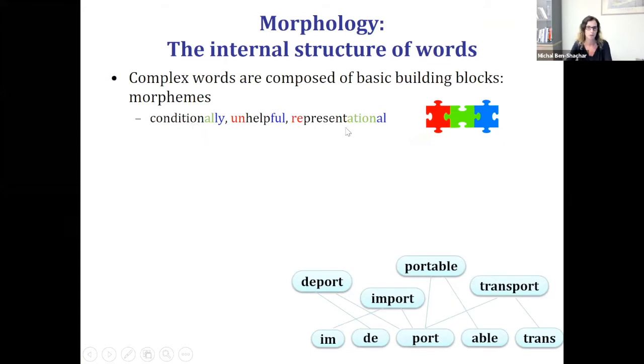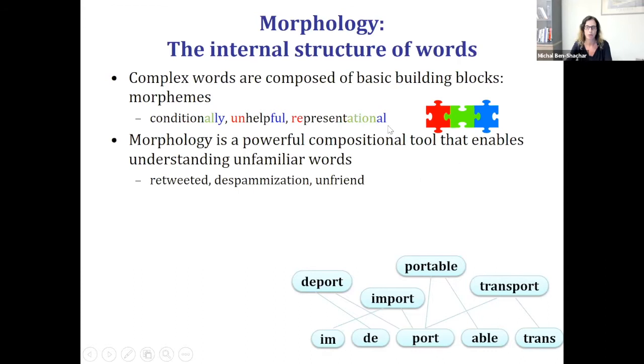So a complicated word like representational can be decomposed into 4 different morphemes that are combined to create this word together. And throughout this talk, when I say morphology, I mean derivational morphology. And morphology is a very powerful tool for generating new words and understanding unfamiliar words.